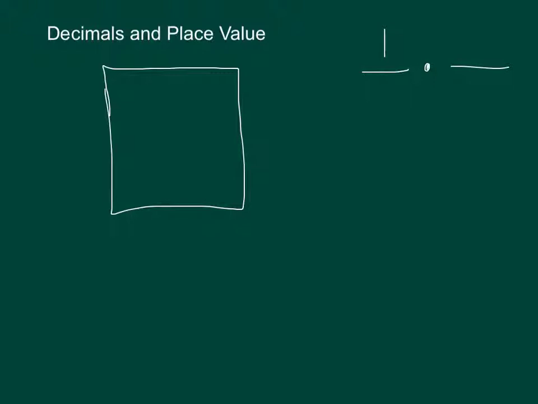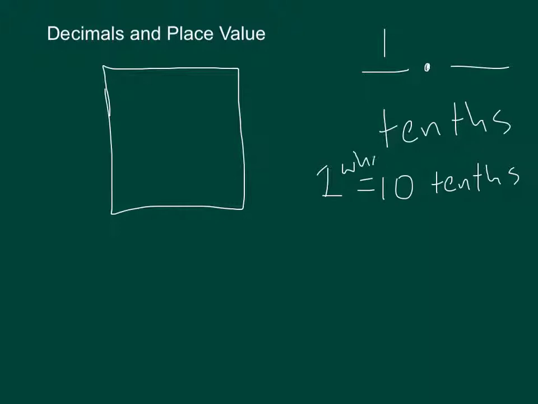If we wanted to write that 1 as tenths, there are 10 tenths to equal 1 whole. So 10 tenths is the same thing as the number 1, or 1 whole.